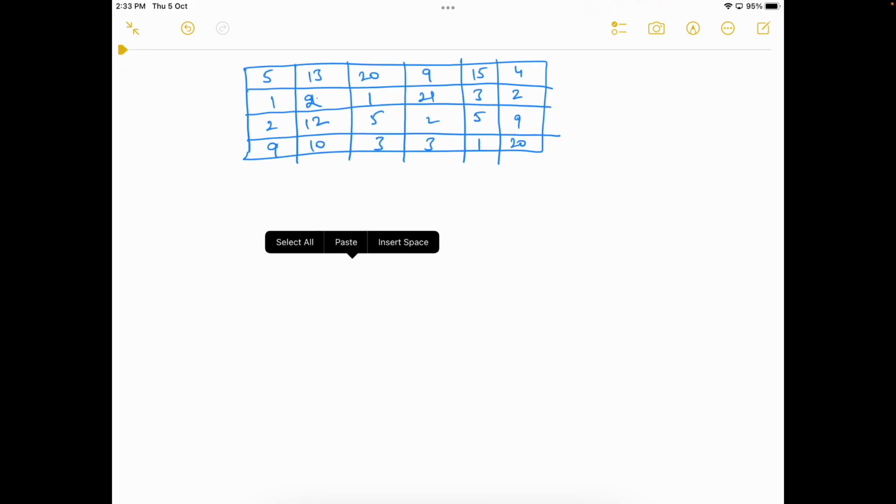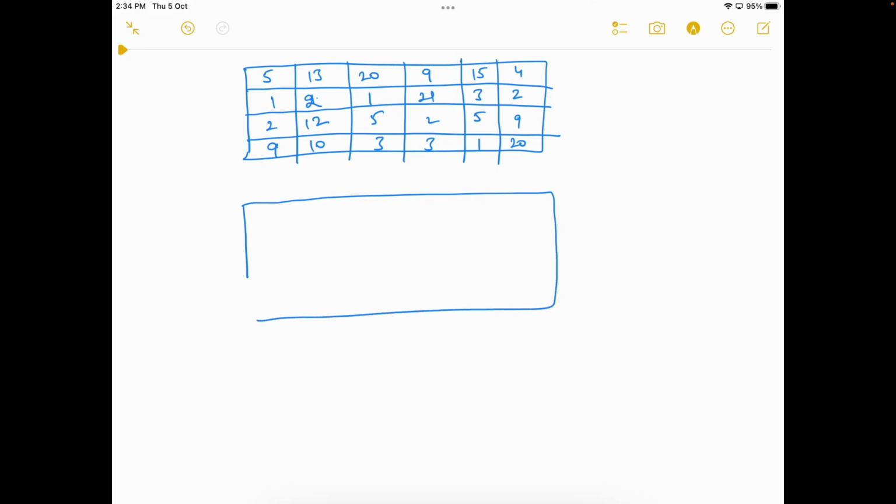How do we solve it? We have to maintain two matrices now. One matrix contains D, zi equal to K, where K is this.